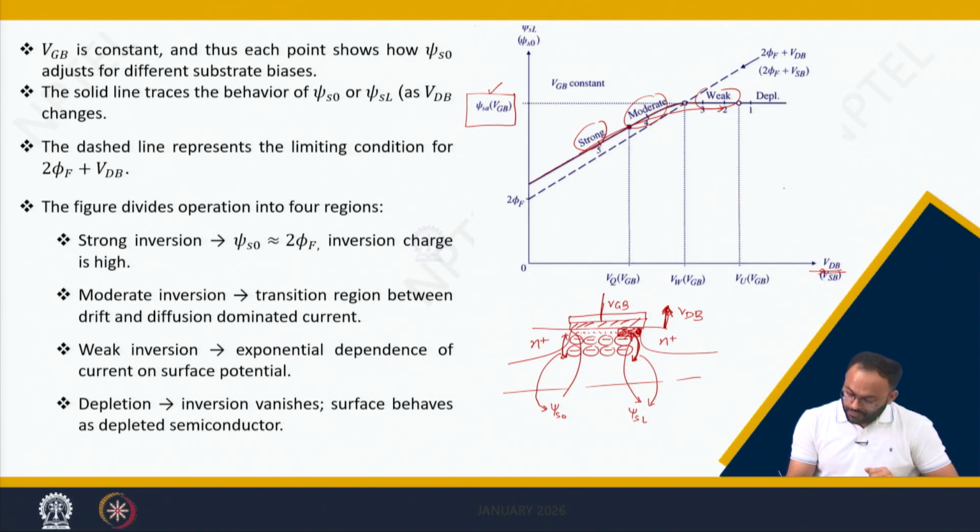But here the surface potential is at its minimum value, and hence you will get a difference of psi SL minus psi S0, which is responsible to cause a voltage difference in the channel, which is responsible to cause a current to flow.